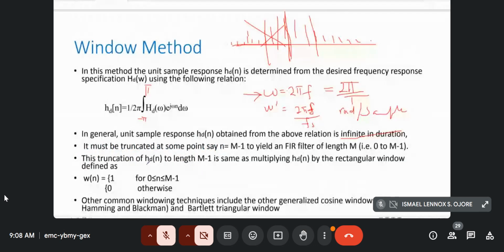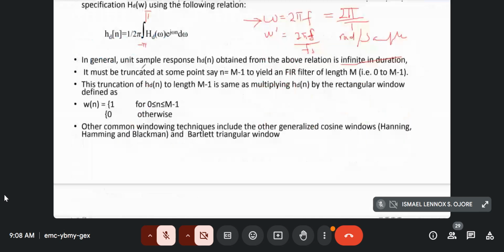So in general, the sample response must be truncated at some point, say M minus 1, to yield an FIR filter of length M, from 0 to M minus 1. So you are truncating at M minus 1.